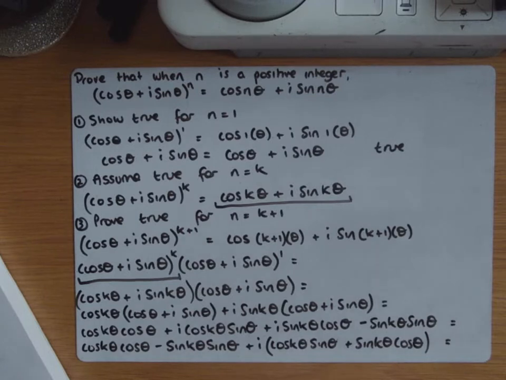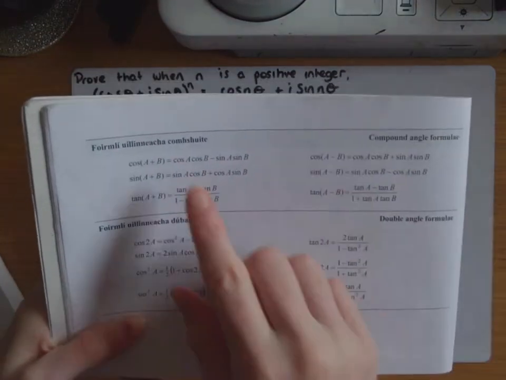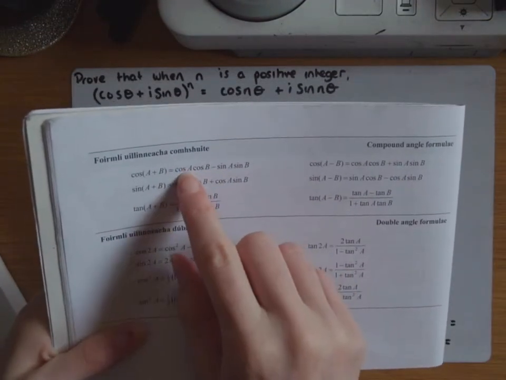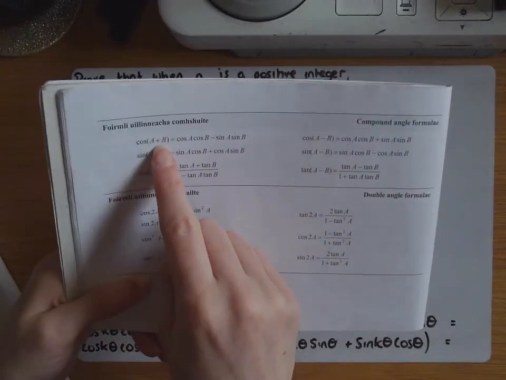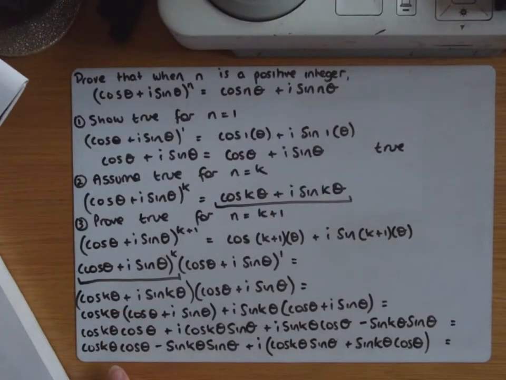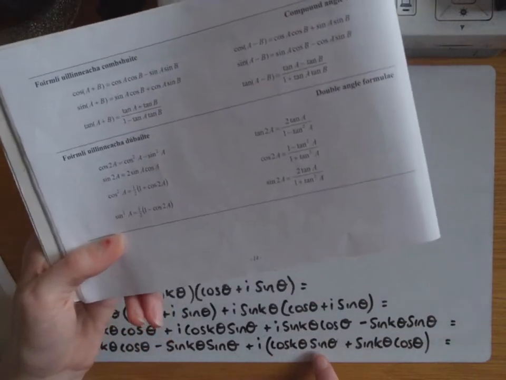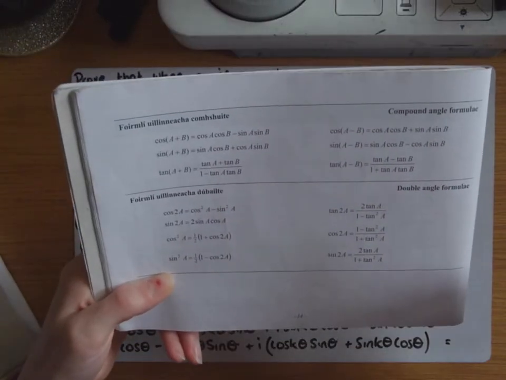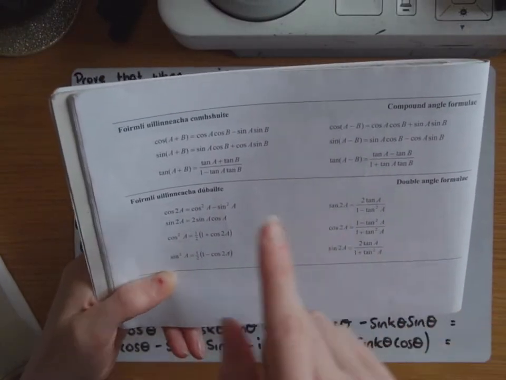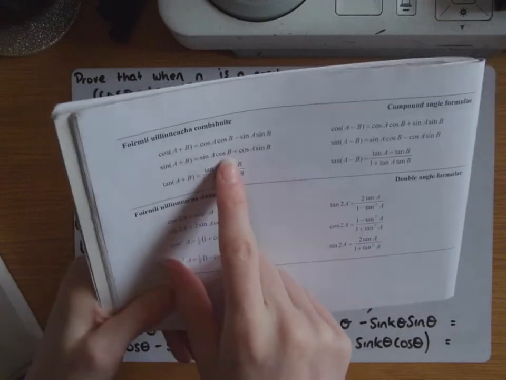So I'm just going to my log tables now, and I have here, this would be cos A cos B minus sin A sin B. So I'm having a look here, cos A cos B minus sin A sin B. So I know that this part here is actually cos of A plus B, cos of k theta plus theta. Okay, and over here I have cos A sin B plus sin A cos B. So it's going to be this one.